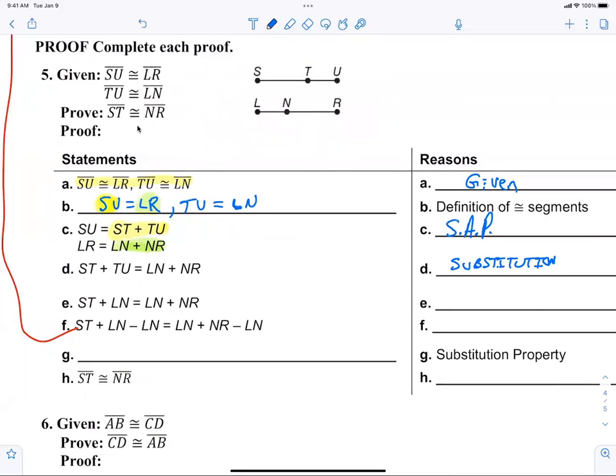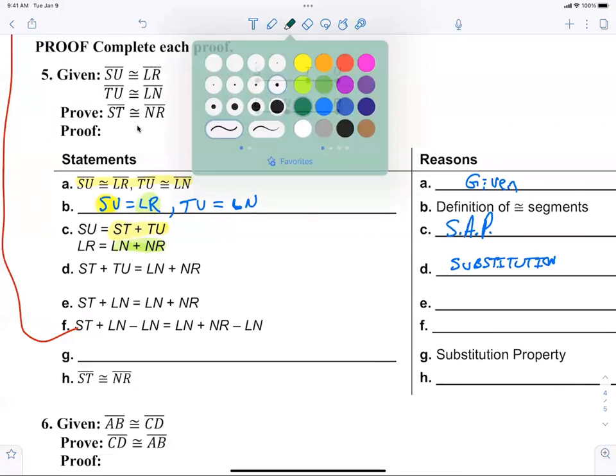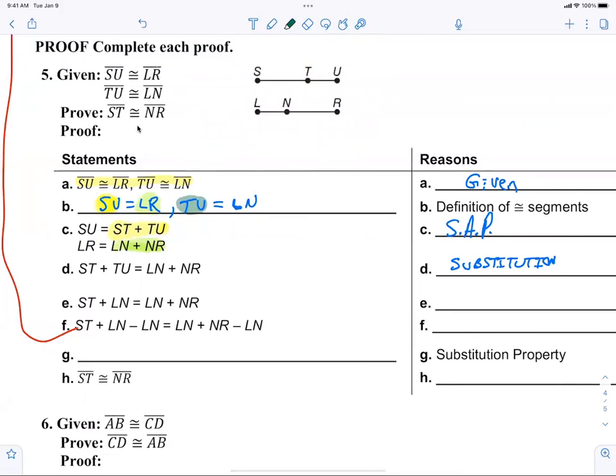Now, what am I doing with E? Cooper. Okay, so show me where I'm going from. What step? B. I'm going from TU, right? And then where does it say what TU is? It says TU is equal to LN.